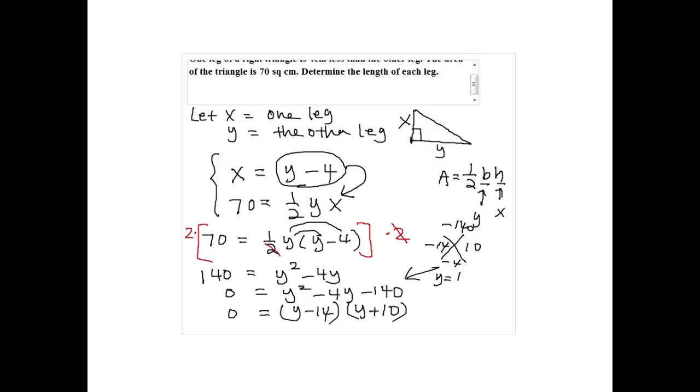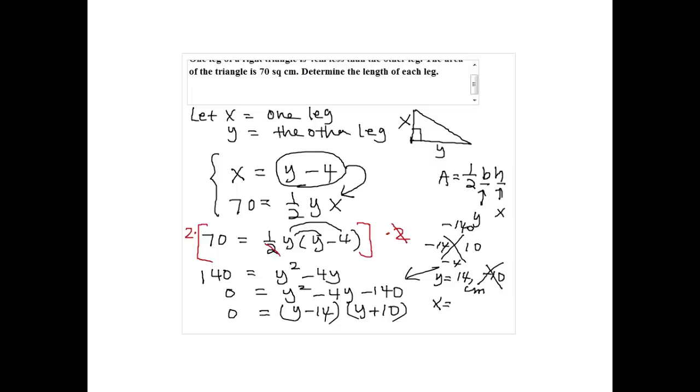So y equals either 14 or negative 10. However, since y is the length of a leg, this cannot be a negative number. So y should be 14 centimeters.